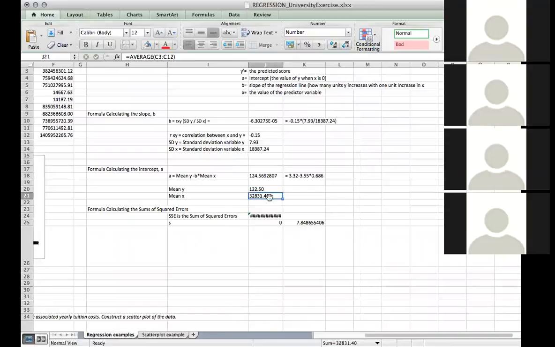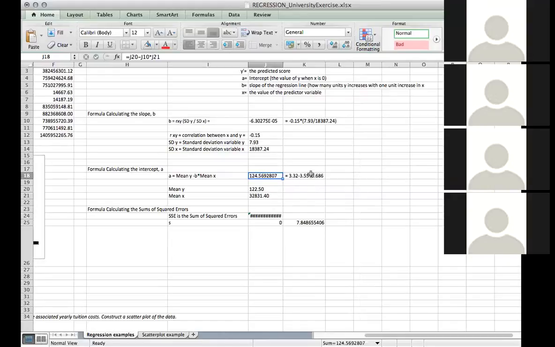Okay. Now if we plug this into our formula for the intercept, we get 122.50 minus the beta times 32,831, and that gives us 124.